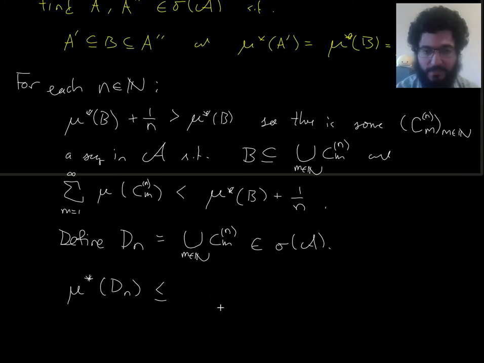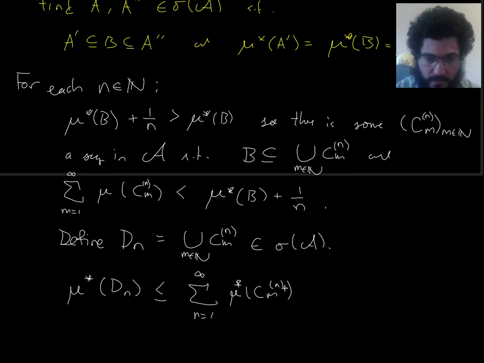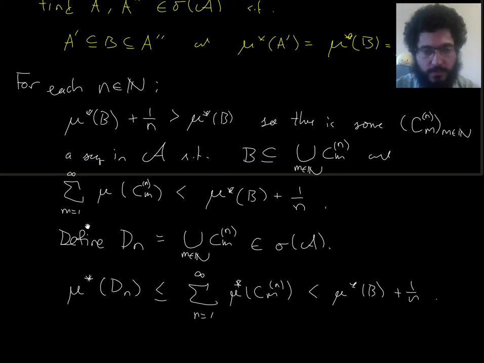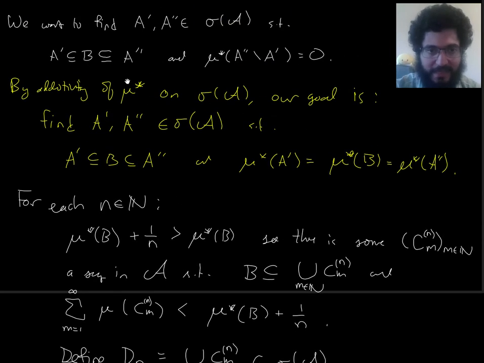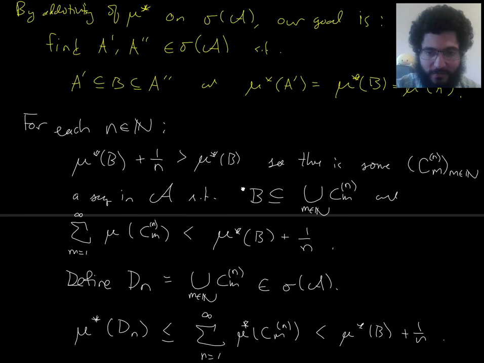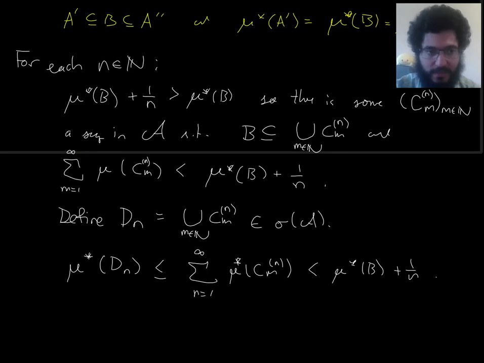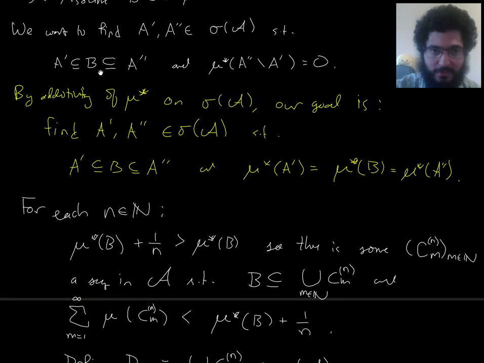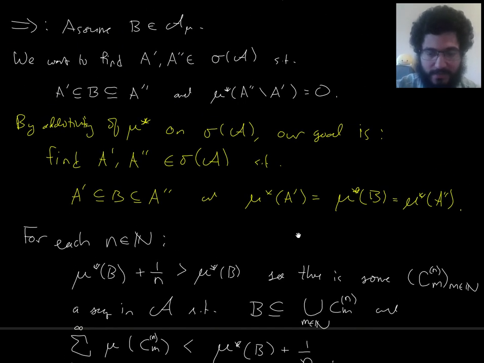But outer measure is countably subadditive. Always, actually. Doesn't matter what sets you're applying it to. So we have this, and then that's less than mu star B plus 1 over n. So everything I'm doing so far still has not used the fact that B is mu measurable. This just would have worked for any set B. The only place where I used mu measurable for B is rewriting the goal from this to this.